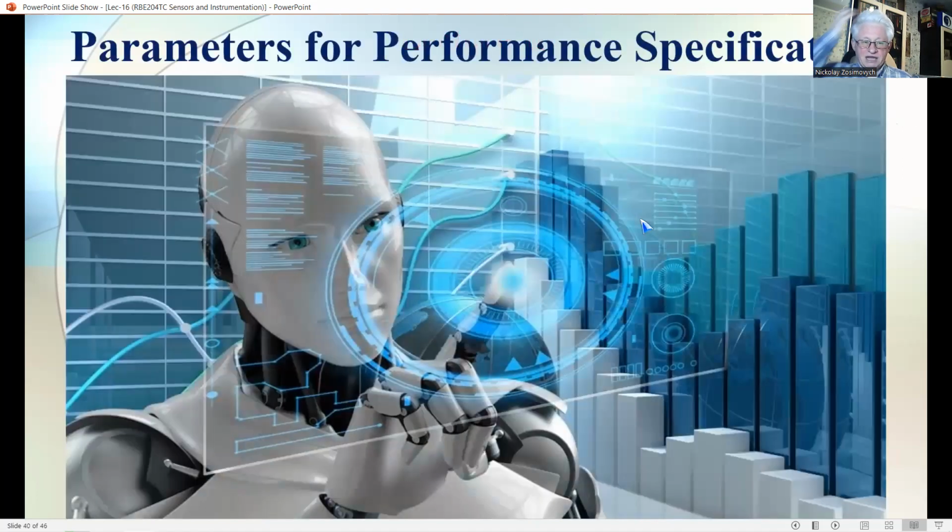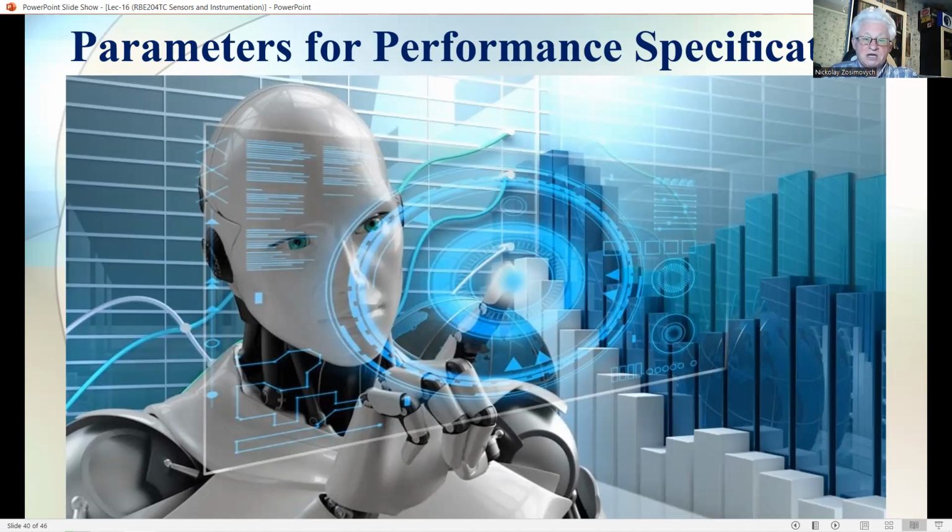In this part of the lecture, we study ratings and parameters for performance specification of components in an engineering system, which in turn determine the performance of the overall system. Typically, the performance of an engineering system is specified under 3 important types of performance measures. First, speed of performance, second, stability, and third, accuracy.